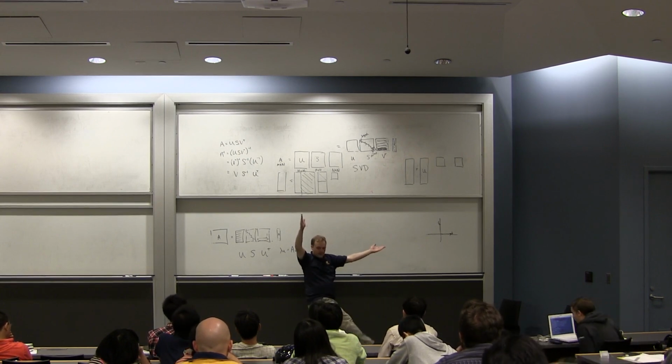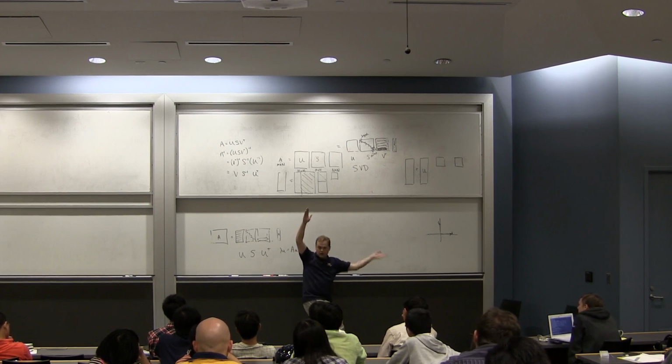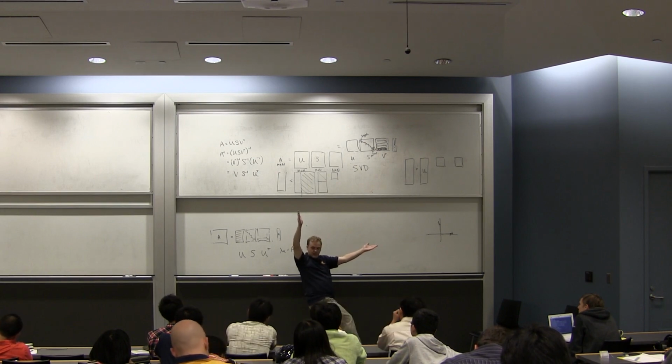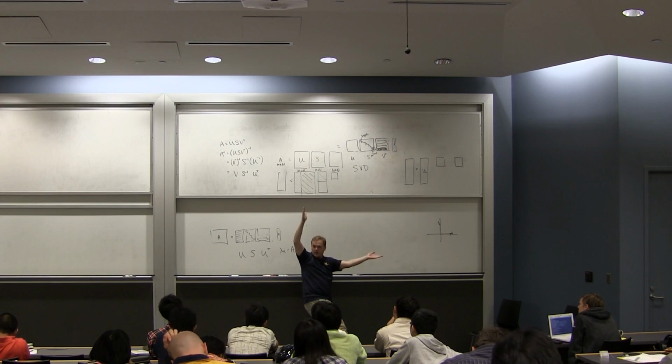And I could do the same thing with this vector on this vector. In this case, I know exactly what's going to happen to the projection of this vector on here and what's going to happen to the projection of this guy on here. And because the eigenvectors form an orthonormal basis, what happens to this is going to be the linear combination, the sum of what happens to the projection on here plus the projection on here.